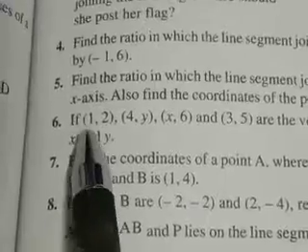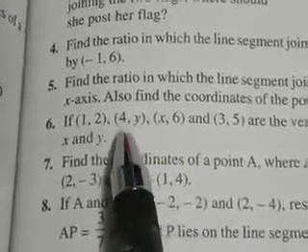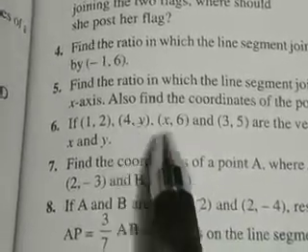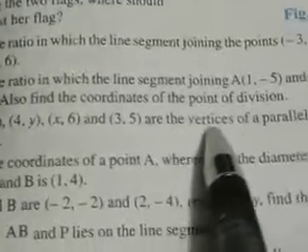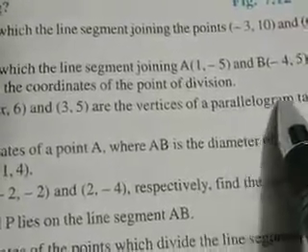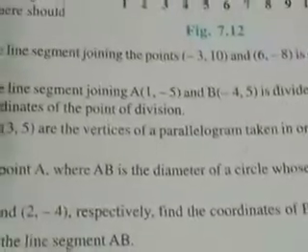Now question number 6. If (1, 2), (4, y), (x, 6) and (3, 5) are the vertices of a parallelogram taken in order, then find x and y.